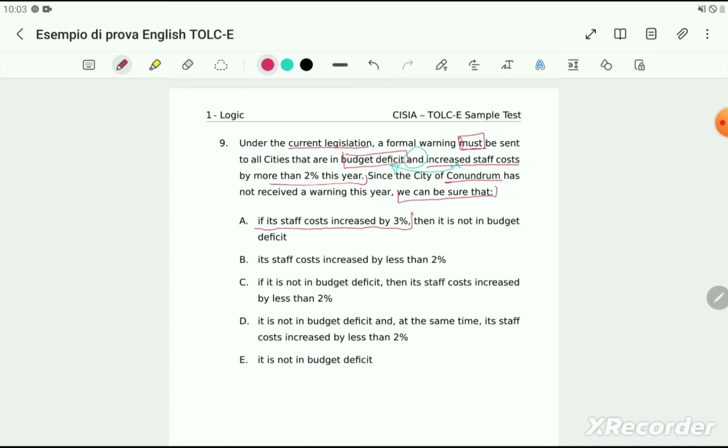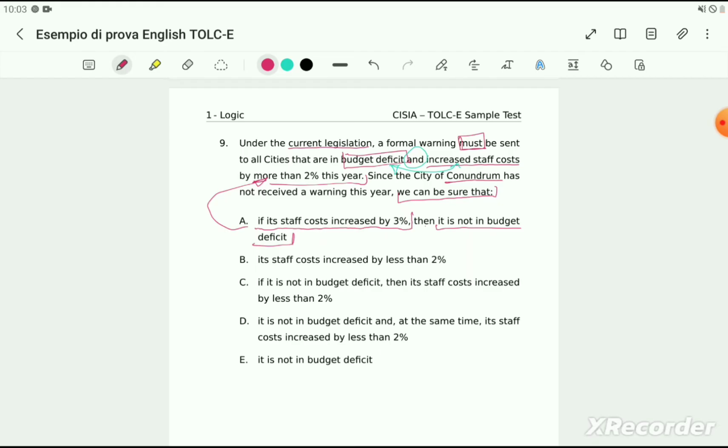See, the first statement is true: if increased by 2%, but then it is not in budget deficits. But the second statement, then it is not in budget deficits. They actually increased the cost more. So in a sense, they expensed the cost more than 3%, but they have money.